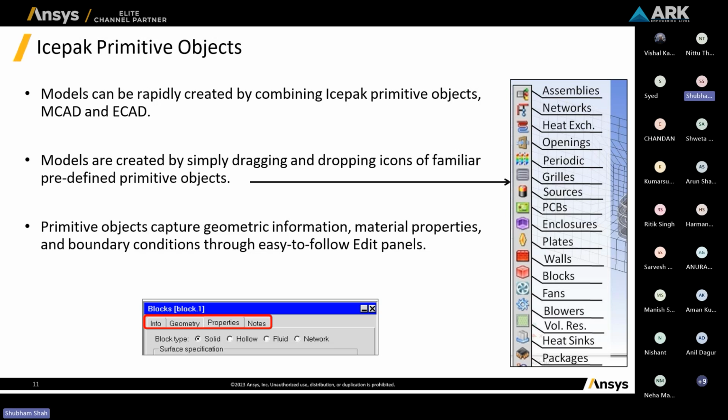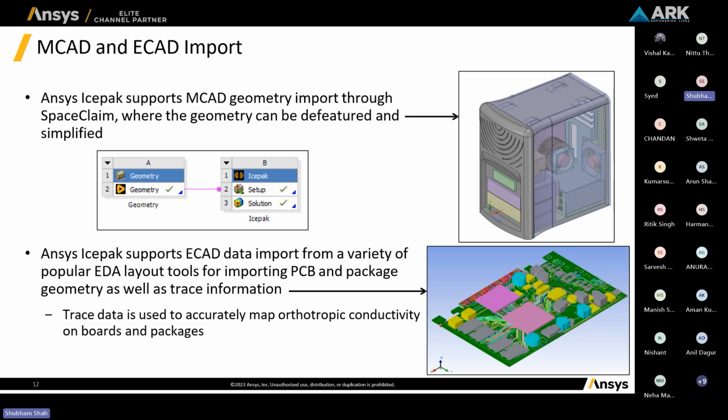All the major parts and components used in electronics are already available. Whether it's heat exchanger, opening, grills, PCBs, enclosures, even the fans are readily available. You just have to drag and drop. So this is an added advantage in Icepack, which is not available in Fluent. So this is the MCAD and ECAD support.